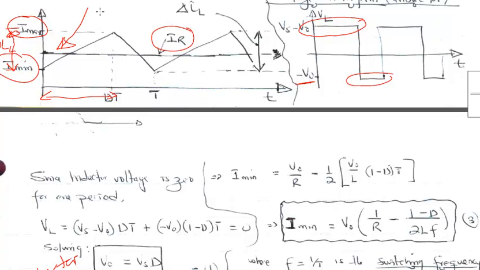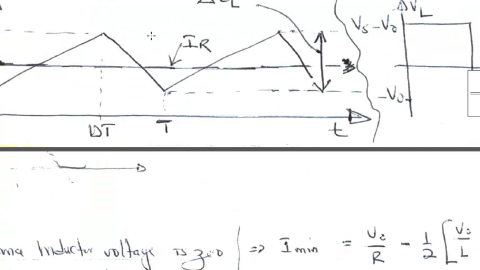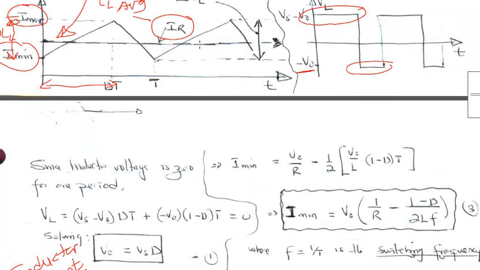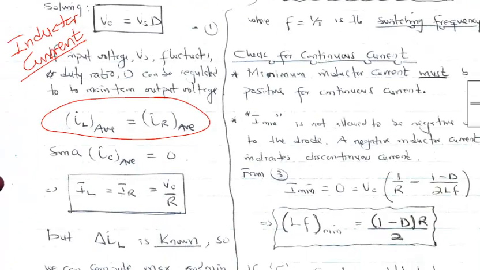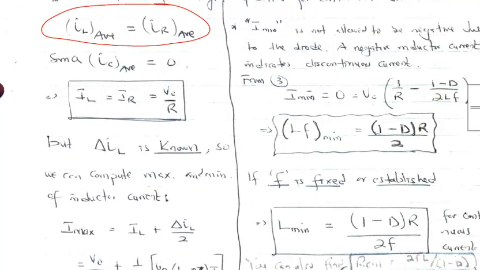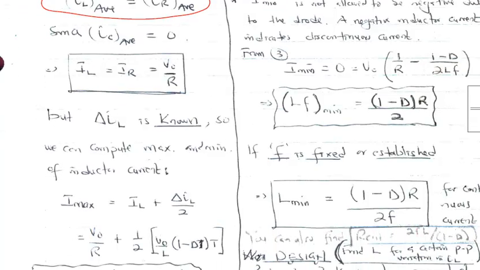And what we have seen is that the average IL is equal to the average current through the resistor, since the average current through the capacitor is 0. We know the change in IL, right? We've calculated the change in IL for two different scenarios, when the switch is closed and when the switch is open. We can use any of those expressions.